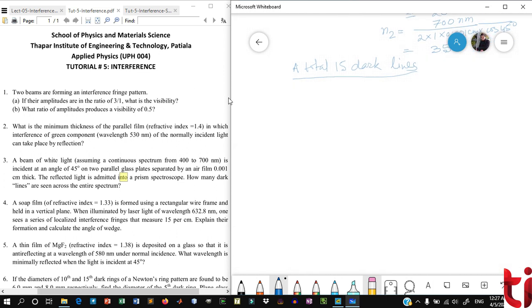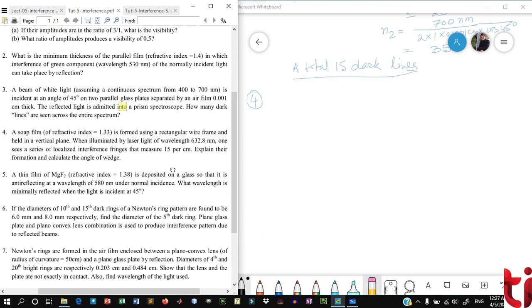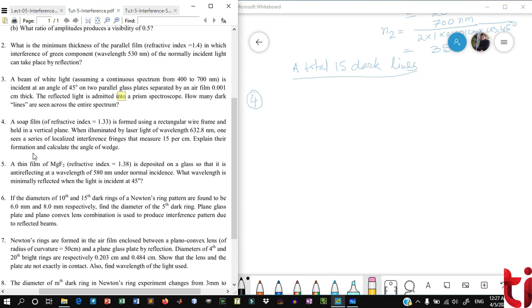And next let's look at question number 4. So in case of question number 4, what do we have? The question number 4 is also very interesting. A soap film is formed using a rectangular wire frame and held in a vertical plane.